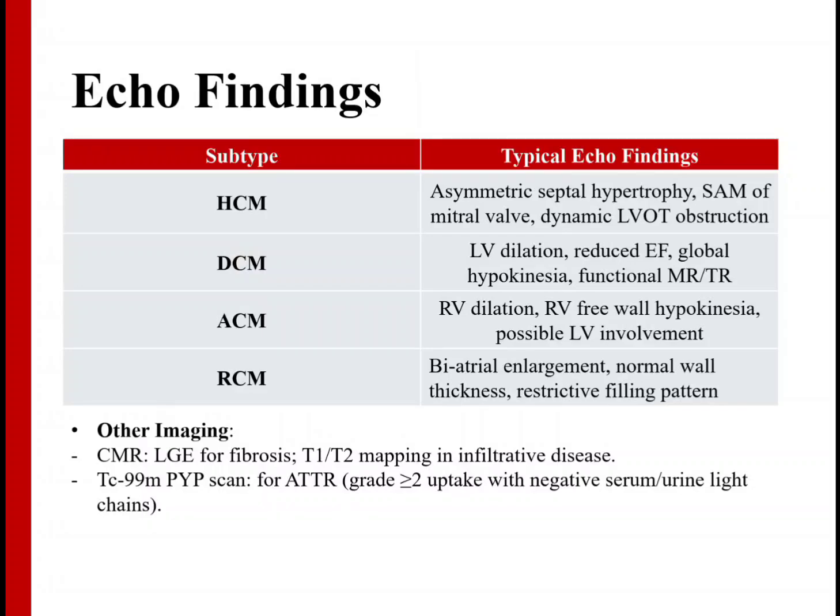Also, in restrictive cardiomyopathy, you might see biatrial enlargement, as we said. The atria, both the right and the left atria, will be enlarged. You will find normal wall thickness, but there is a restrictive filling pattern.